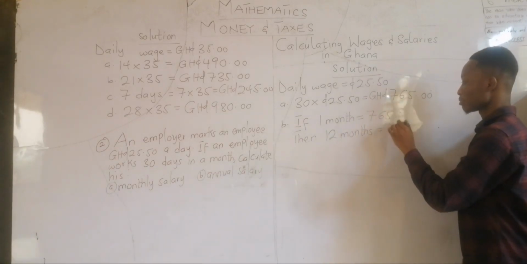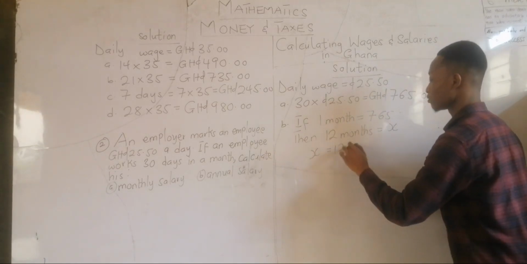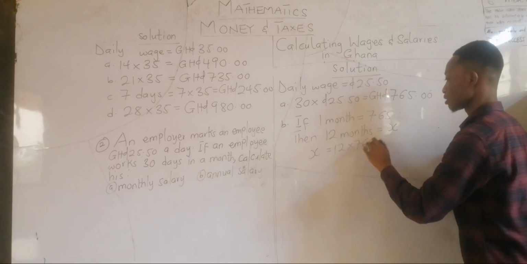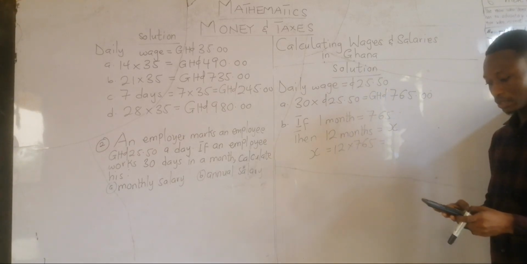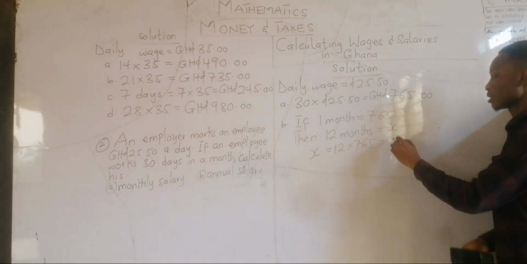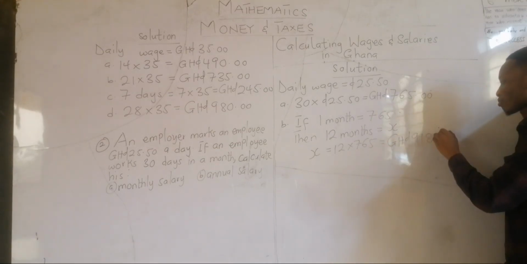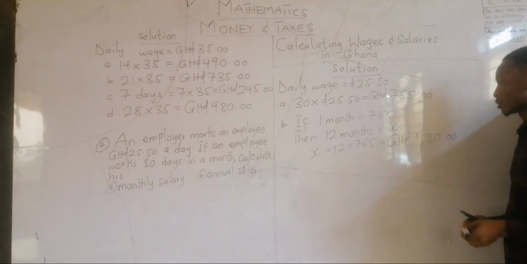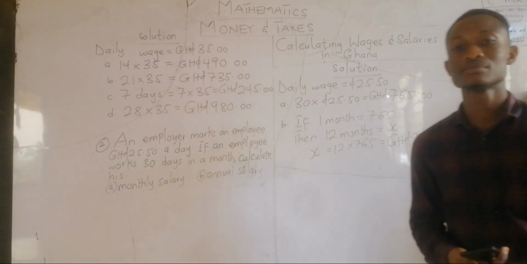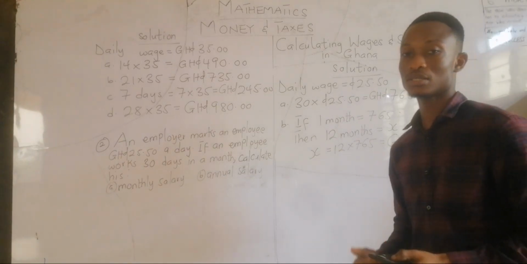Let's represent this by x. So x is equal to 12 times 765. That is 9,180 Ghana cedis. And you're good to go.